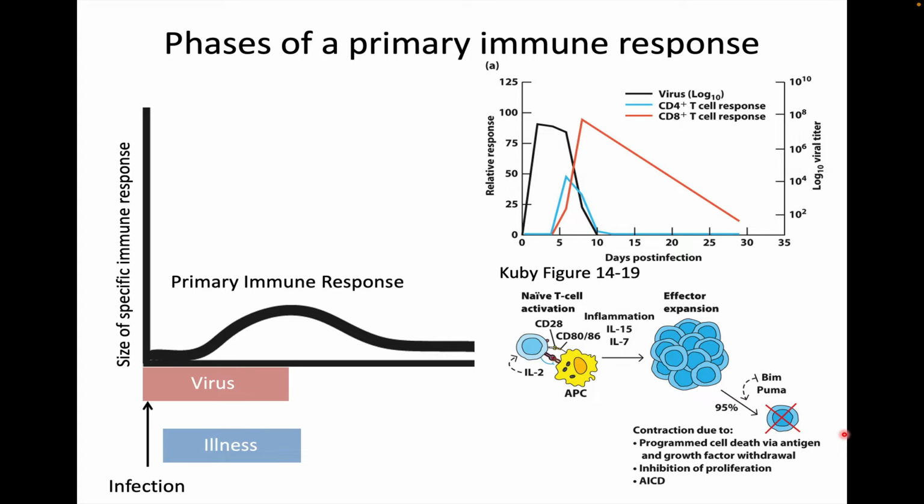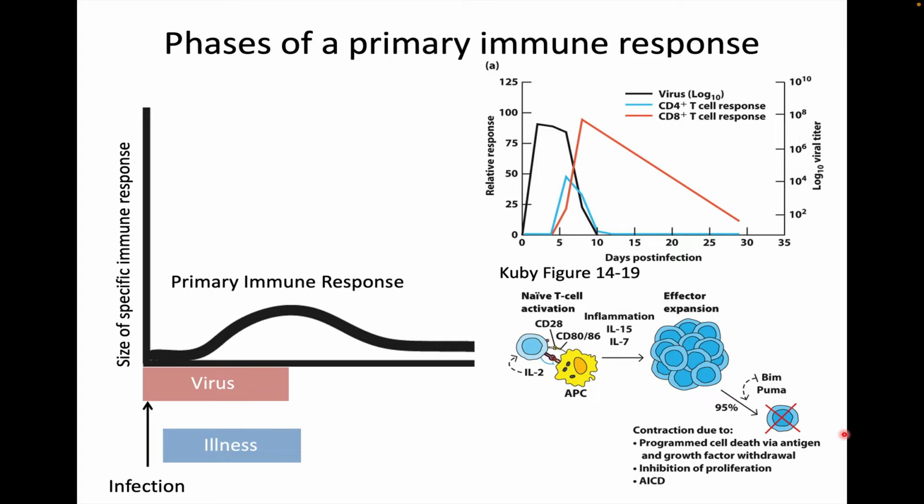If you didn't get rid of some of those large number of expanded cells, you could imagine that it would be really hard to have the room in the lymph node, or the resources in terms of the glucose and ATP or whatever resources you want to think about, for the next clone to expand the next time you get infected.